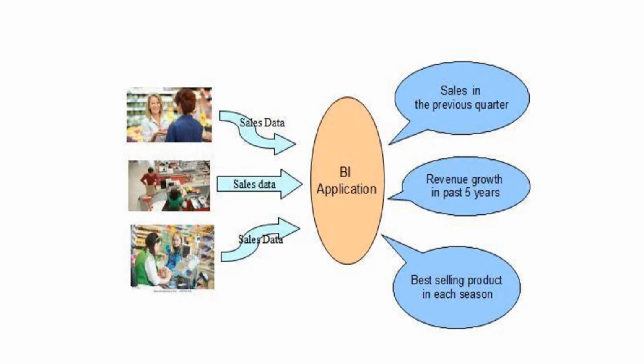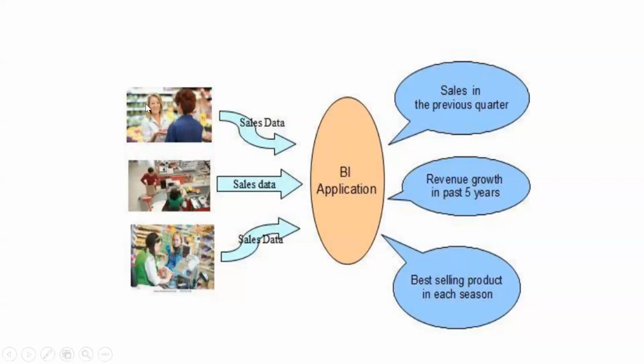Why are we doing these things? Suppose I'm owning a particular industry, and I'm selling my product in various outlets across a country. So I own a BI application to handle my BI related matters. Now, what is a BI related matter? Let's see.